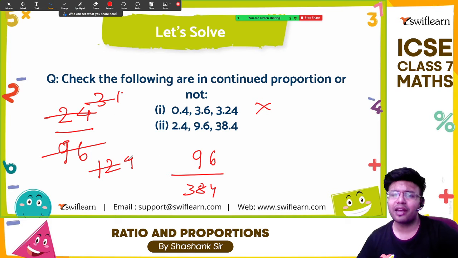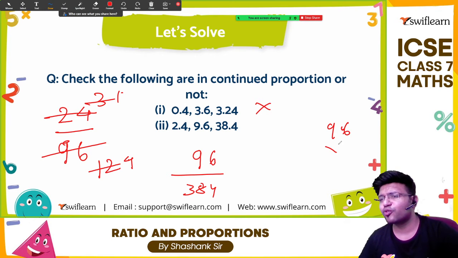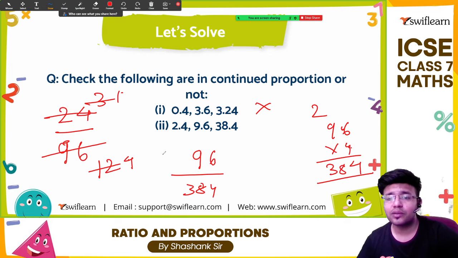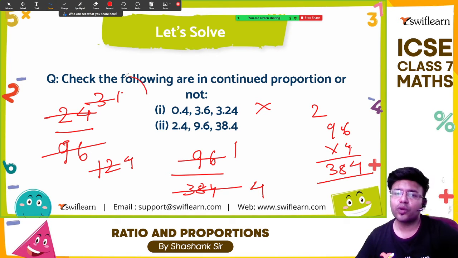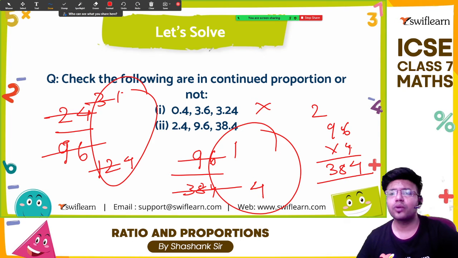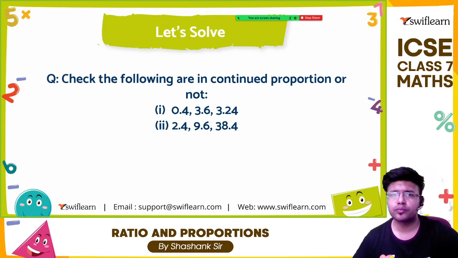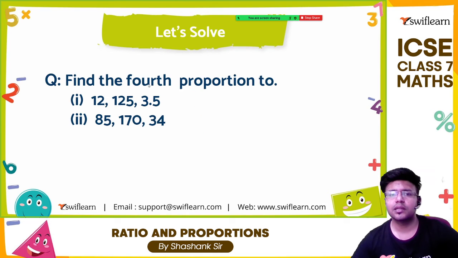So 1 by 4. Just check 96 times 4: if it is 384, it is the answer. 6 4s are 24, 4 9s are 36, we get 384. So 96 ones are 96, and 96 by 384 is 1 by 4. This is 1 by 4 and this is also 1 by 4. So these are in continued proportion.